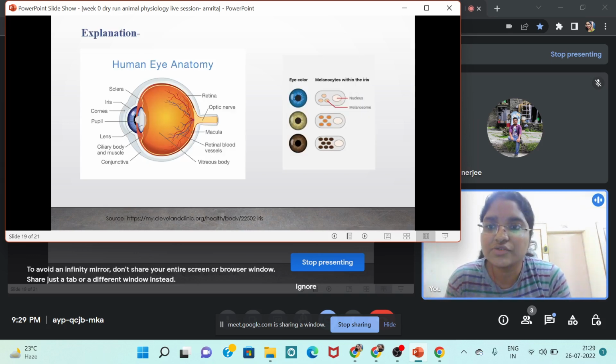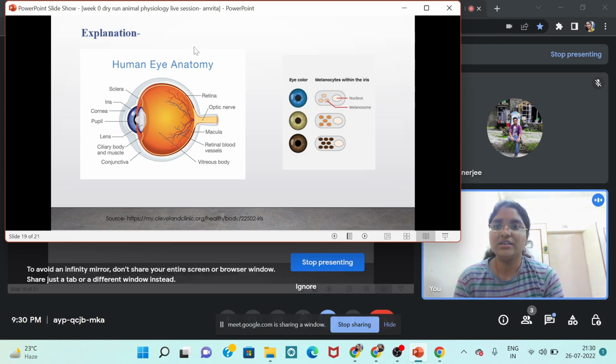This is the structure of the eye, and the picture shows the different parts of the eye like the iris, cornea, pupil, lens, and ciliary muscles, which were all in the options. We can see the cornea as well as the iris.